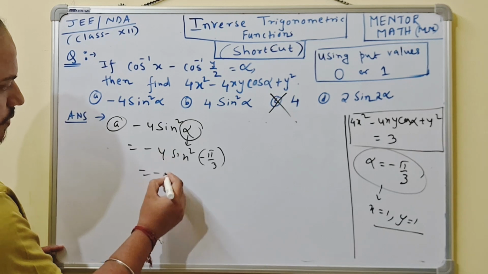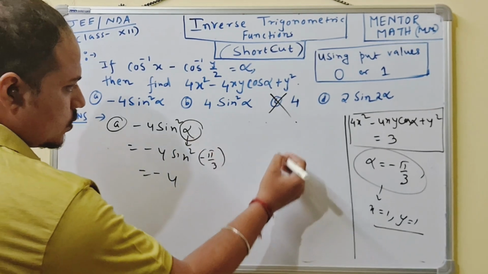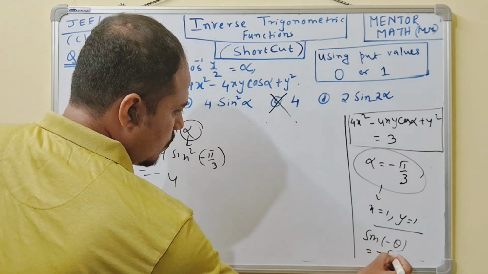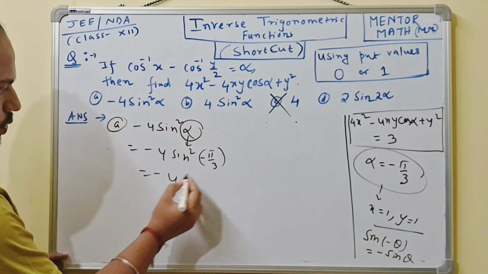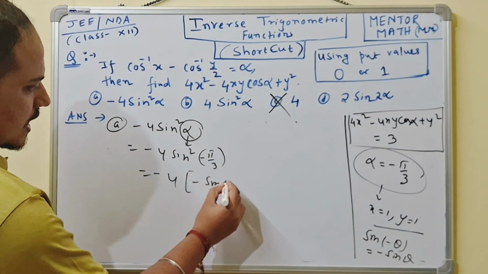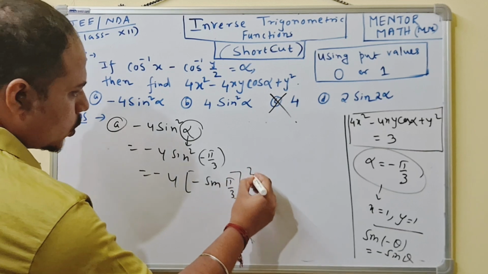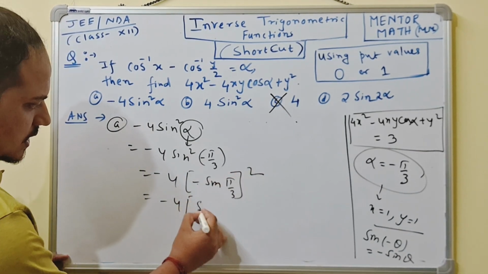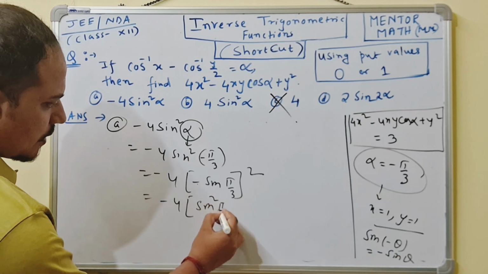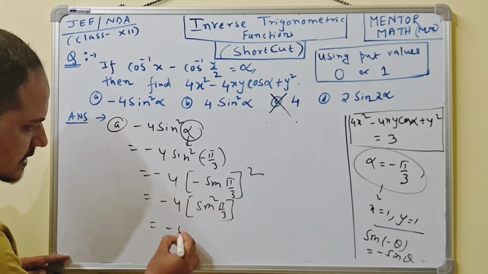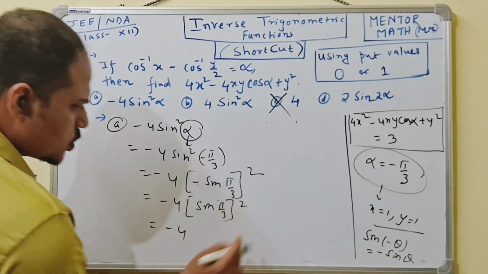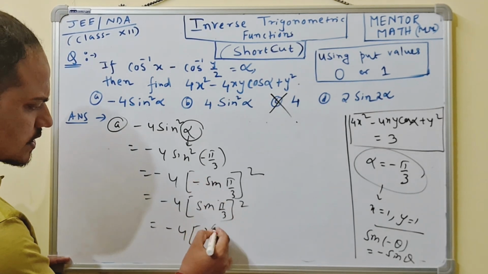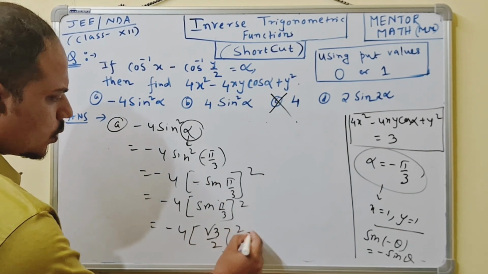So that means −4, and you already know sin(−θ) is equal to −sin θ. So you can write −(sin π/3)² . So you got the value −4 times sin² π/3, and sin 60, that is π/3, has the value √3/2, then whole squared.